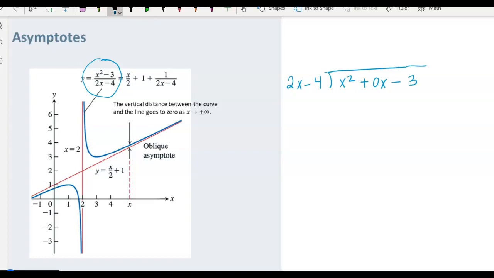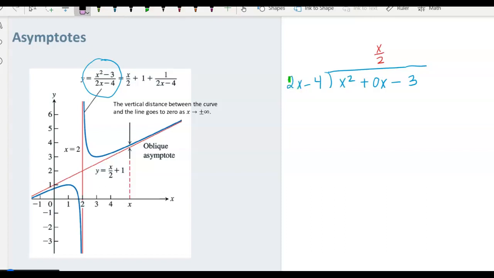And then I ask myself, what do I need to multiply this by to get x squared? And the answer is going to be x divided by 2. And I write that in the column where I've got x to the first power. So I'll put x over 2 here.